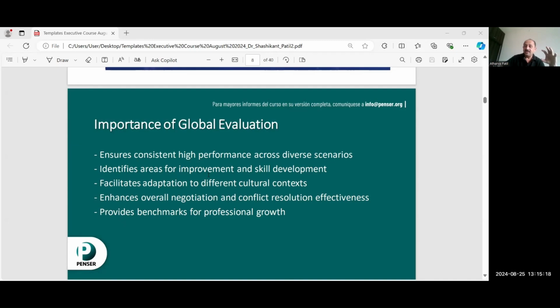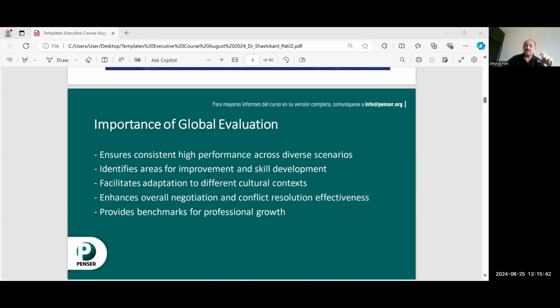We have seen the definitions of conflict management, resolution, and negotiation. To improve this area and have wise strategies, we need to go through the importance of global evaluation.